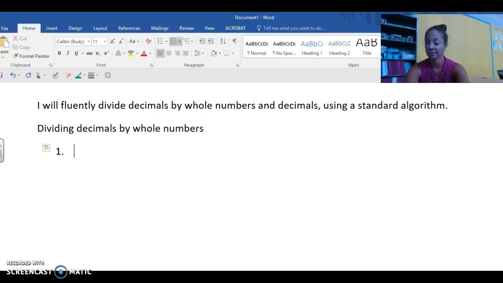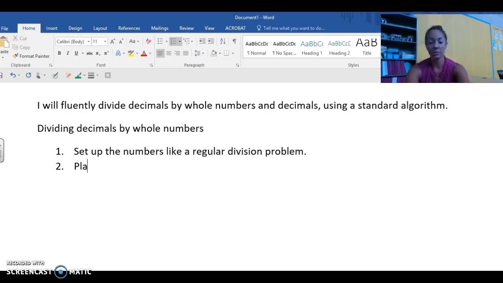Step 1 is set up the numbers like a regular division problem. You guys already know how to do that. Number 2, place the decimal straight up into the quotient.